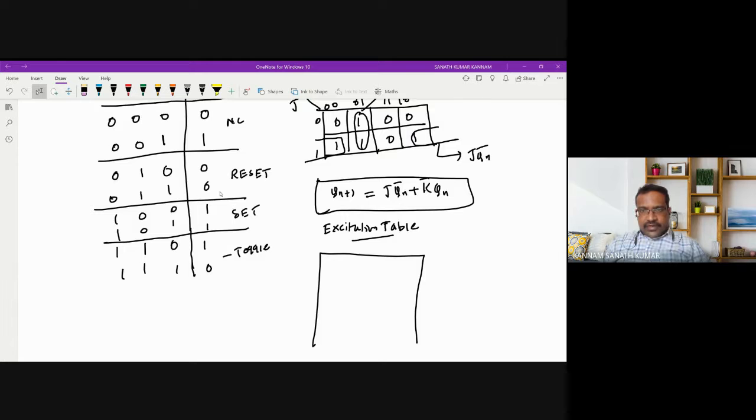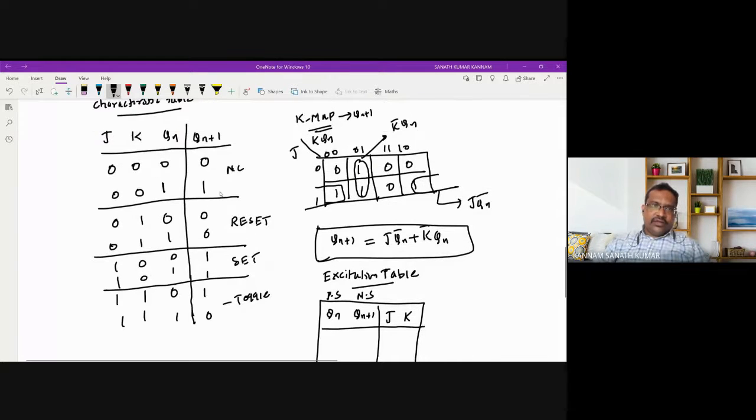By taking the present state Qn and the next state Qn plus 1 as input, you need to find out the inputs J and K. This is nothing but the excitation table. By seeing the characteristic table, you can get the excitation table.